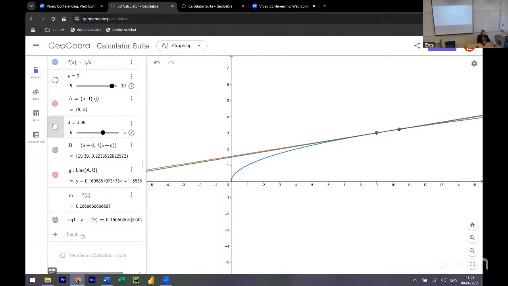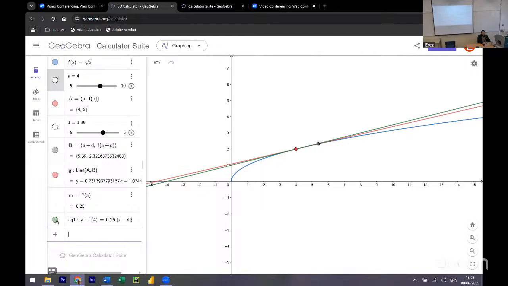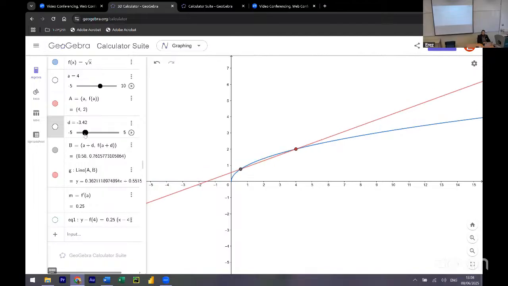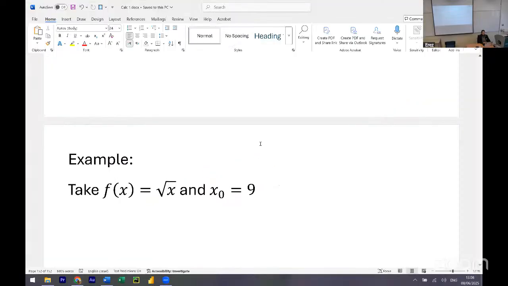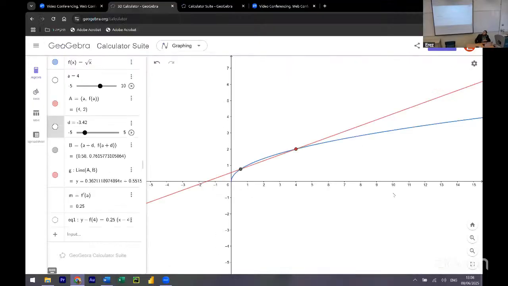I hope it would be nicer. What's going on here? The blue line is the graph of the square root of x. I'm focusing my attention on x equals 4, that's x0.